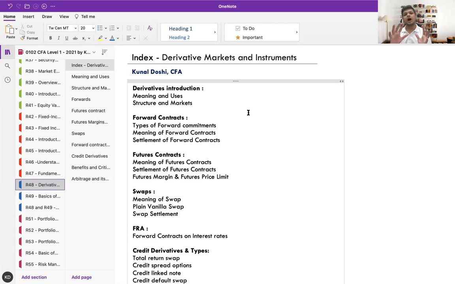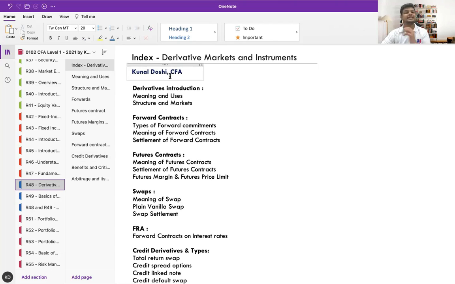So I've carved out options as completely different, and I'll discuss that later, because everything else is quite connected and options are completely different. That's why. Clear? So even after finishing these two readings, we'll be doing the same thing for options. Is that clear?